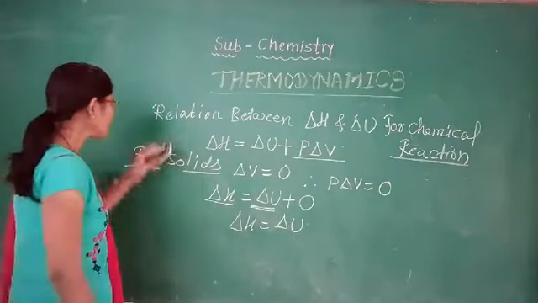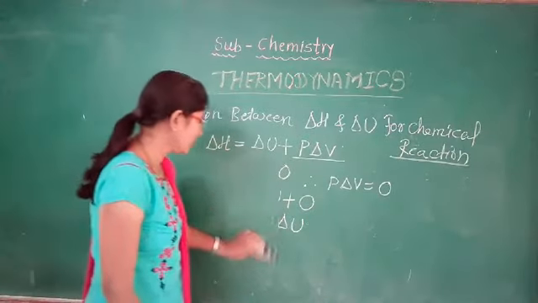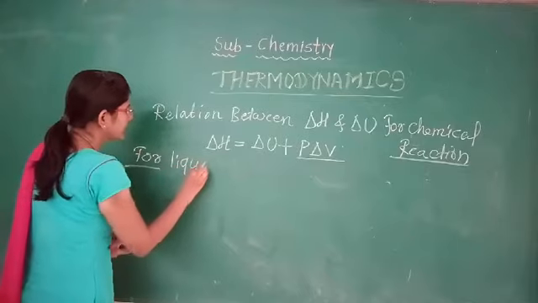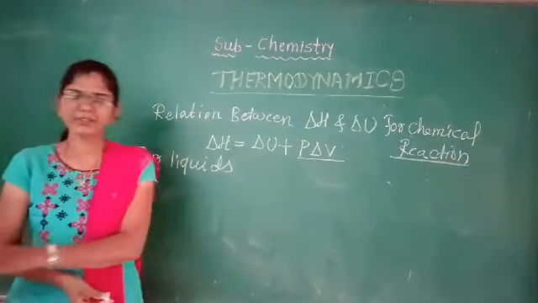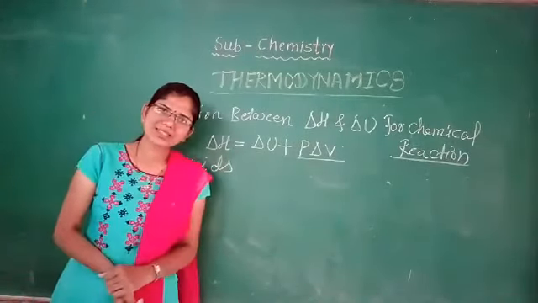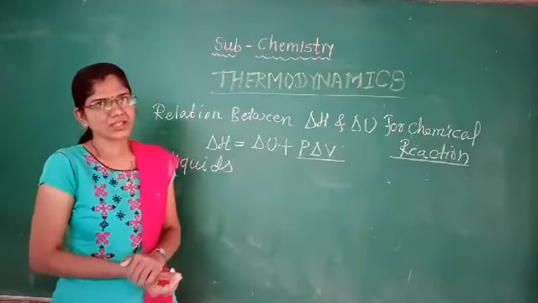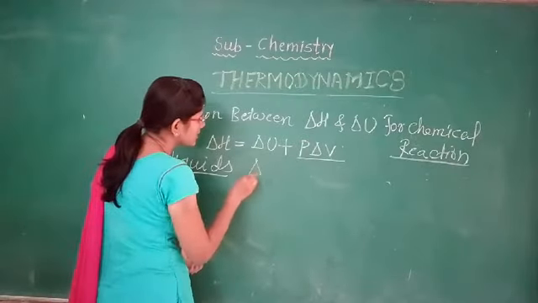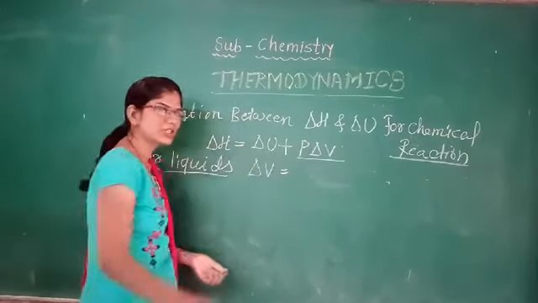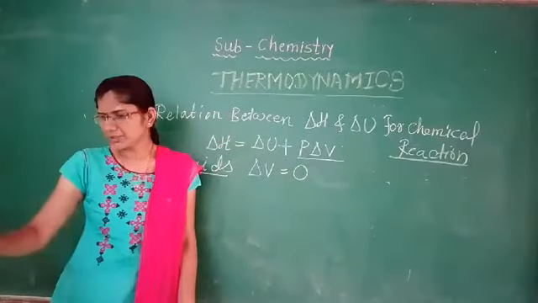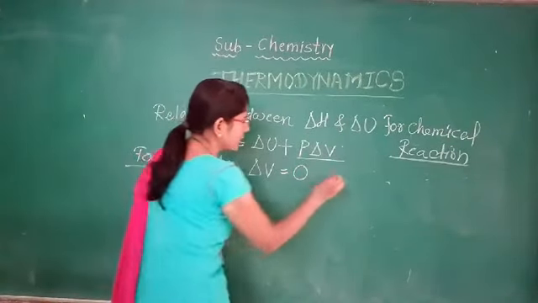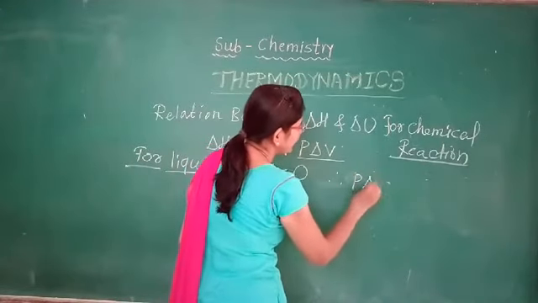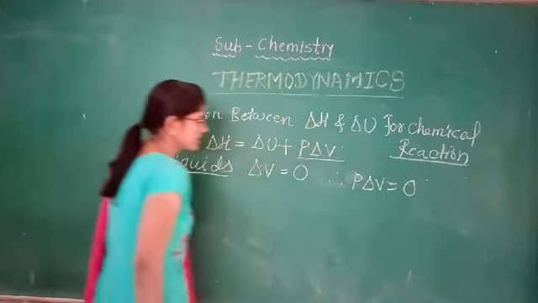So next, in liquid also, just like solid, there is a negligible change. We have seen that liquid molecules are only in loose contact with each other, and therefore for a liquid there is also a negligible change in the volume, so the change in volume becomes zero, and the term P delta V also becomes zero.